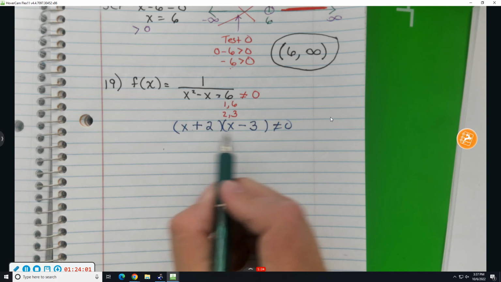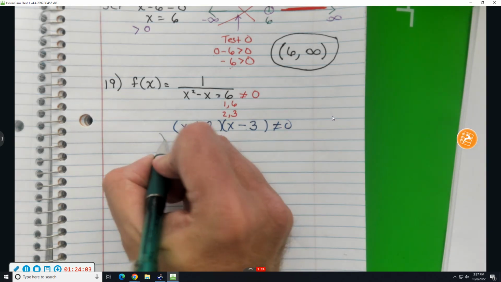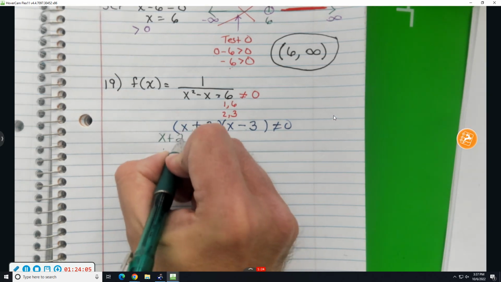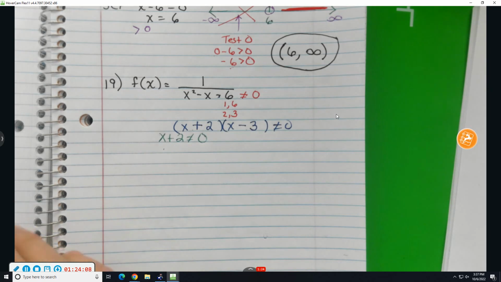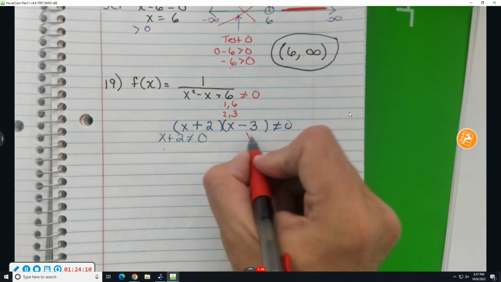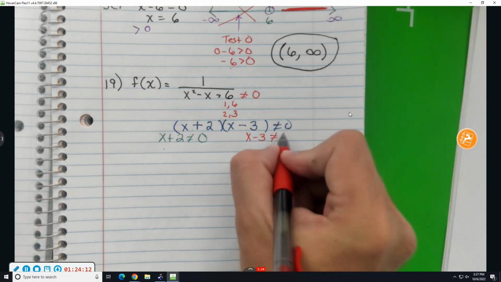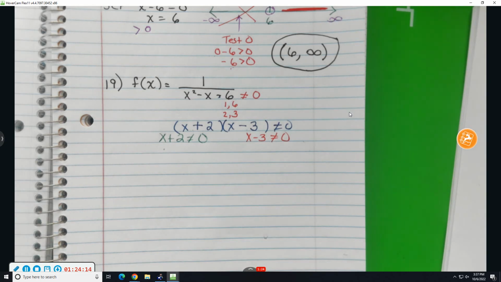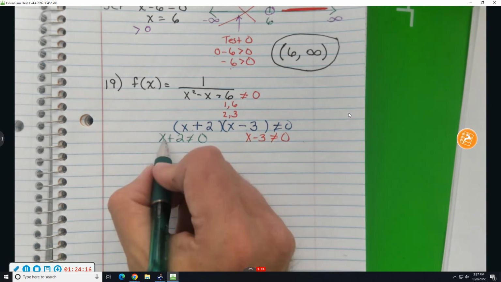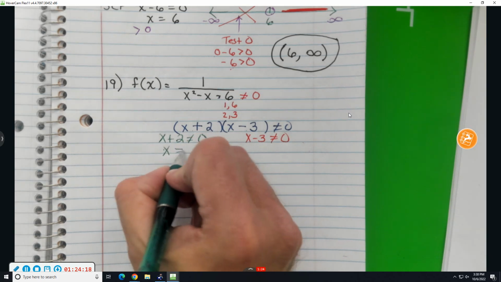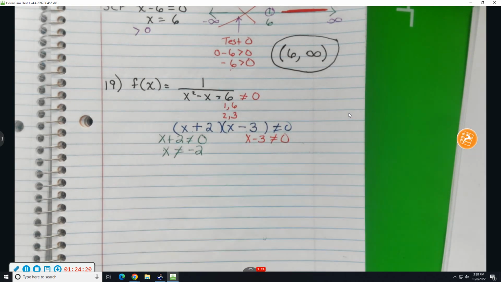Set each one of these to 0. Not equal to 0. Well, same thing. And now that it's written like that, I think it's as easy as number 16. X can't be what? Negative 2.